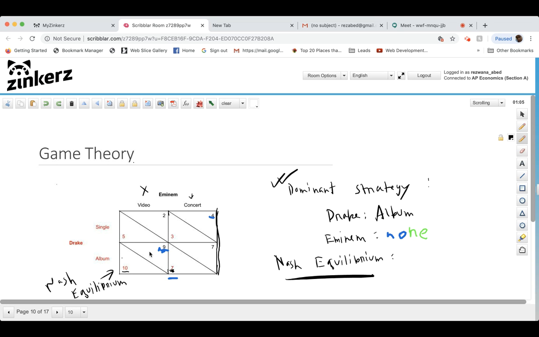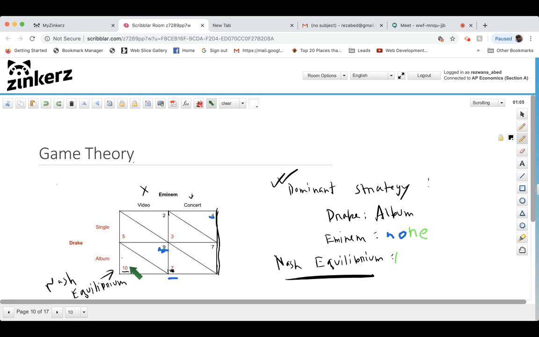none of the players have any reason or any incentive to move away from this choice. Let's say Drake decided to do an album.